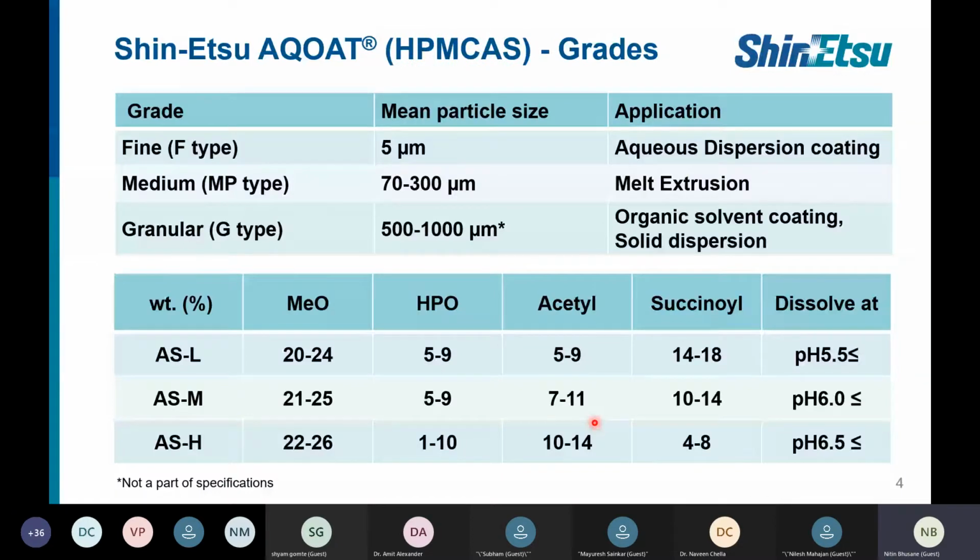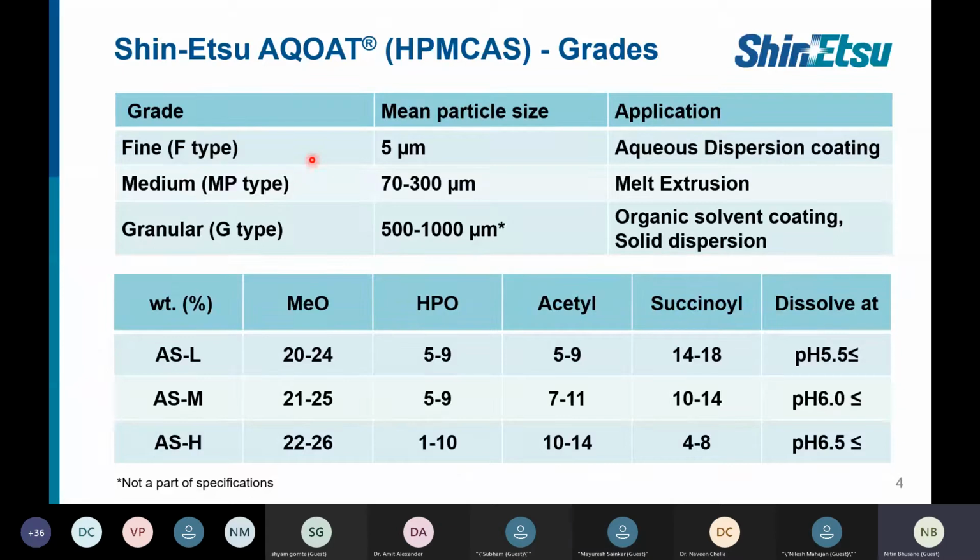So what are the grades available for Shin-Etsu AQOAT? Altogether, there are 9 different grades available for HPMC acetate succinate. They differ either in the substitution percentage of acetyl and succinyl, or in the particle size. Based on particle size, they are divided into 3 types: F type, MP type, and G type.